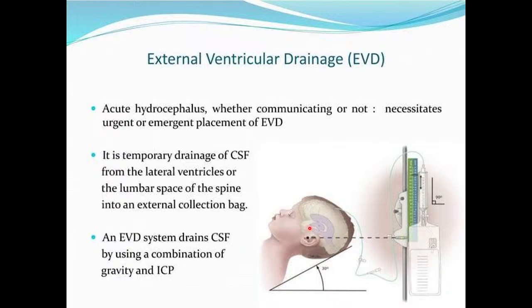So this 5 of raised pressure leads to the flow of CSF from this catheter to the bag. The position of the bag's inlet, we decide on the basis of what amount of CSF we want to clear from the brain to decrease the ICP.